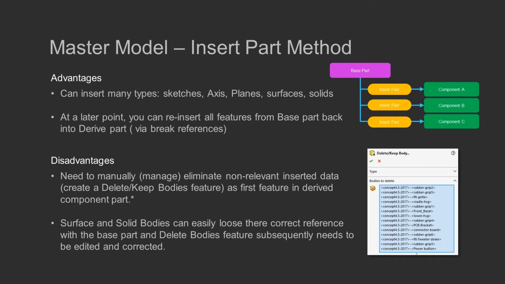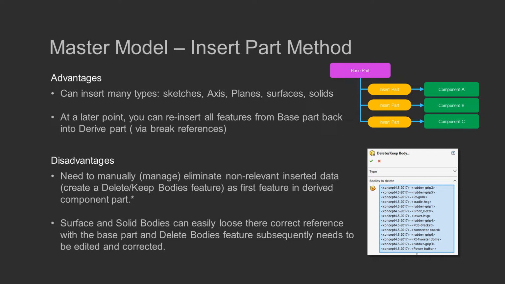Now the disadvantages of the insert part method are that not only can you not edit back to the master and reassign bodies, it's not as reliable as save bodies or split part, because it has a tendency that when the master changes and anything with the master's body, if it's a split or it's a combine of other bodies, it will likely fail this incoming body that you selected.